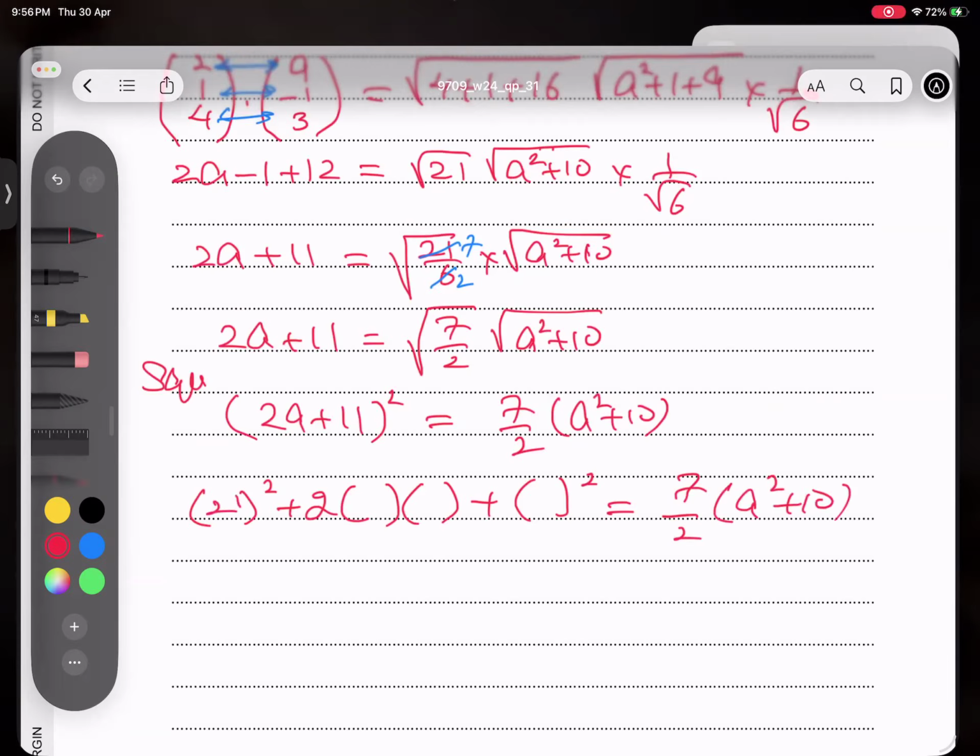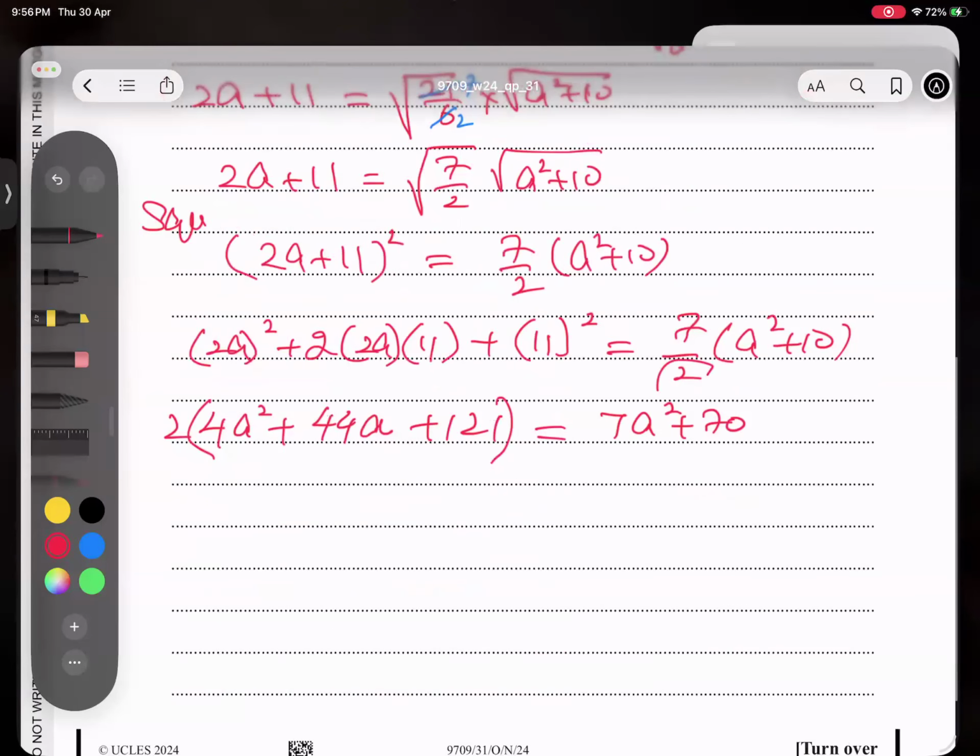So here 2a, here 2a, here 11, here 11. So I got 4a to the power 2, and here 44a, here 121. And now this 7 multiplies inside: 7a squared plus 70, and the 2 is going to multiply the left hand side. This 2 multiplies here.